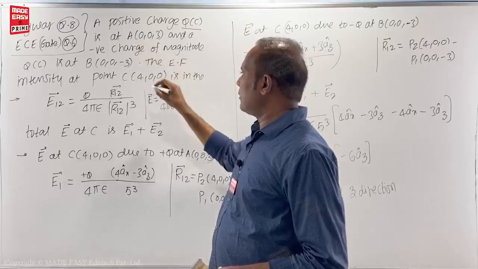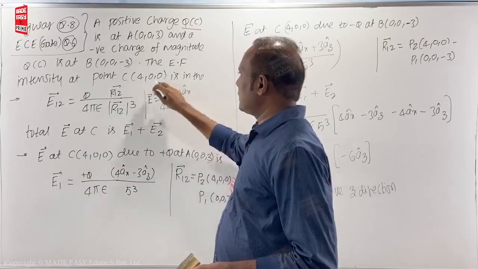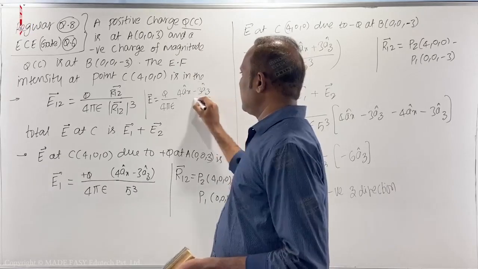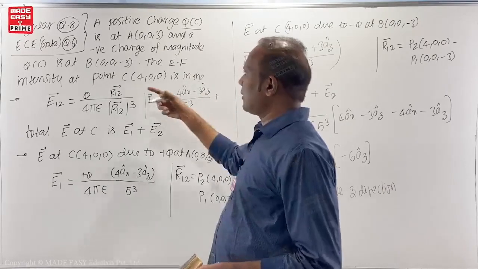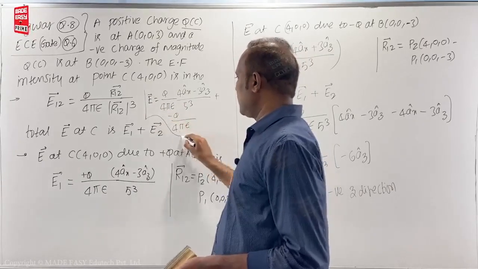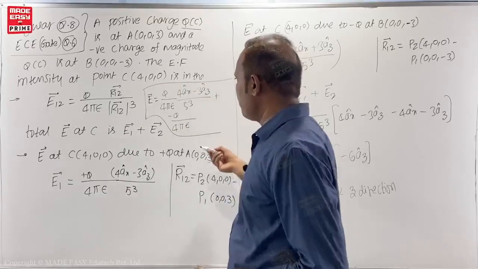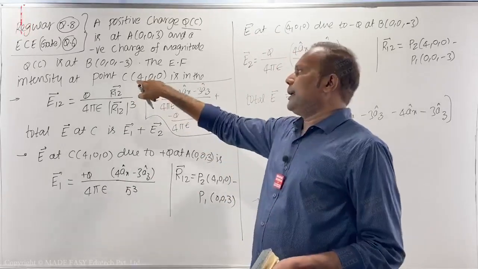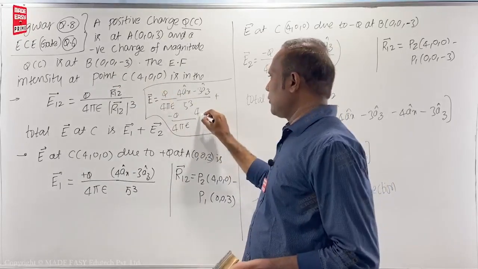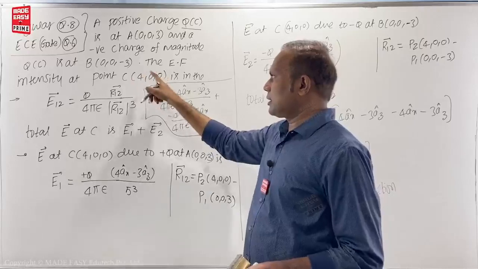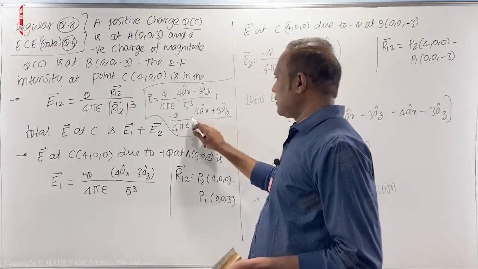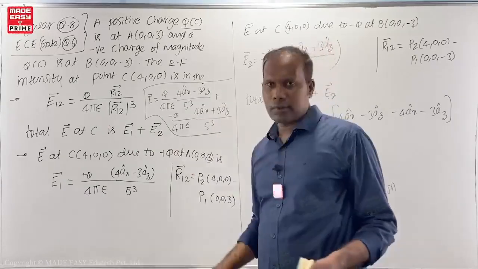So 4 minus 0, 4 ax, 0 minus 0, so 0 minus 3, minus 3 az, divided by 5 cube, plus the electric field due to minus Q charge, meaning minus Q divided by 4 pi epsilon. Electric field is required here, so this is the field point, this is the source point, so 4 minus 0, 4 ax, 0 minus 0, so 0 minus of minus 3, so plus 3 az, divided by 5 cube.